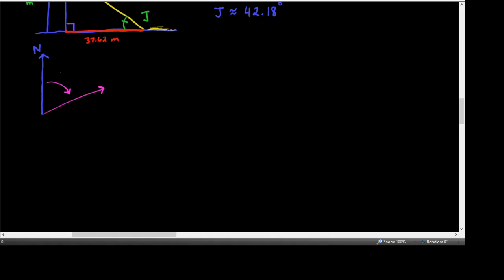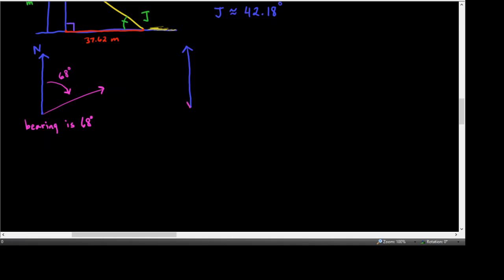So this might be like 68 degrees or something. Okay? And so if you say that the bearing is 68 degrees, that's a picture of it right there. So if I give you a bearing and it's a single number in degrees, then you're going to go from due north clockwise that far. And so you can have all kinds of things, and the answer has to be between 0 and 360.